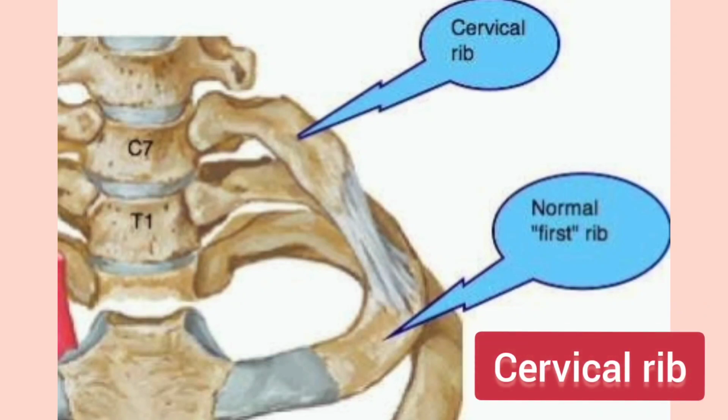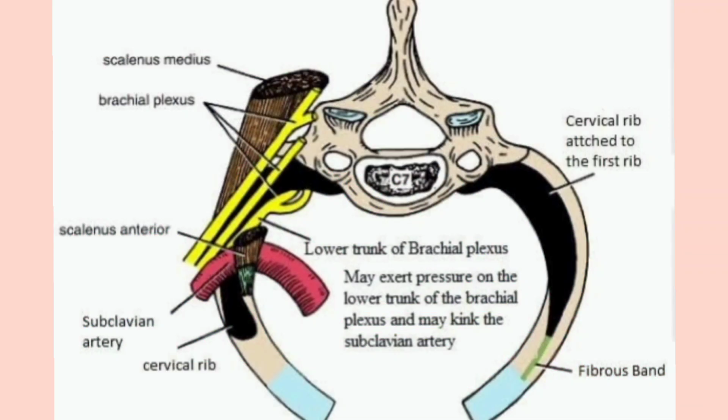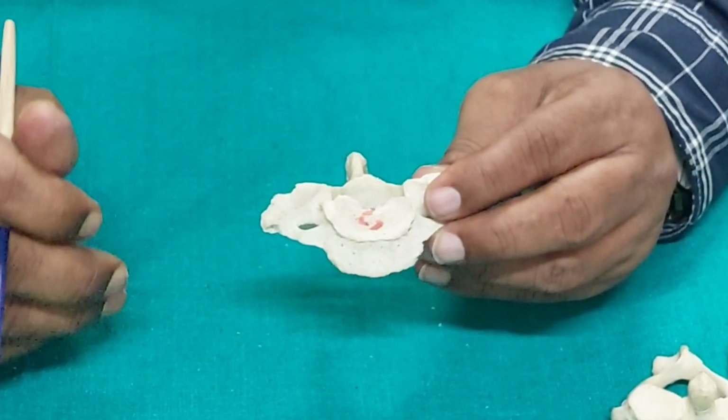If it is present, it may compress some important structures, namely the subclavian artery and the lower trunk of the brachial plexus. So, to relieve the compression of the nerve and artery, surgical intervention is done and the cervical rib is removed.